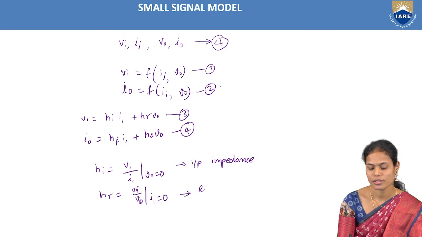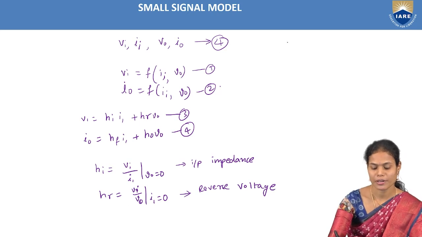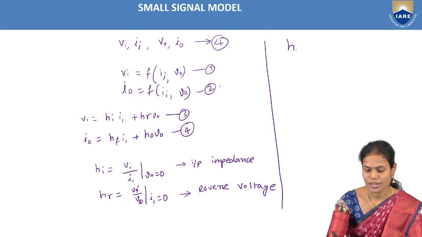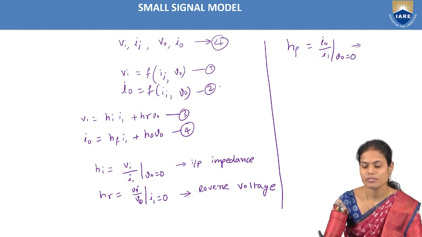This is the reverse voltage gain. And the next parameter is hf, that is equal to Io by I1 when V0 is short. This is the forward current gain of the H model.